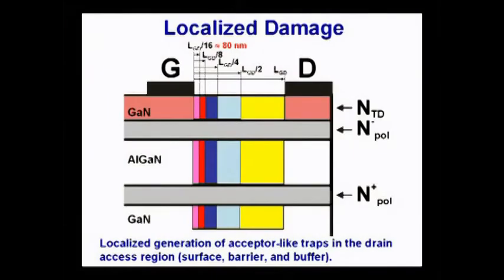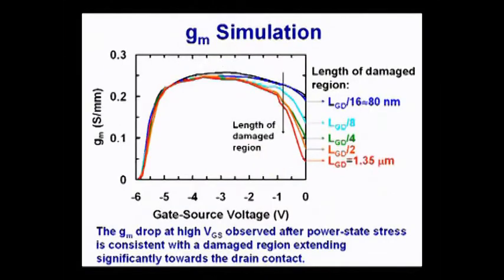What we have found is that increasing the length of the damaged region amplifies the drop of the GM at high VGS. So we can conclude that power state stress is consistent with a damaged region which tends to extend toward the drain.